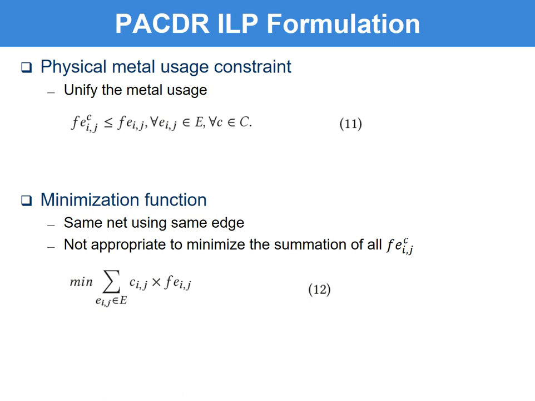By minimizing the physical metal, we can obtain an optimal solution. Using our ILP formulation, we can effectively determine a suitable center point for a multi-pin net. Furthermore, we consider a suitable obstacle for every routing net, which provides greater flexibility in the routing process.